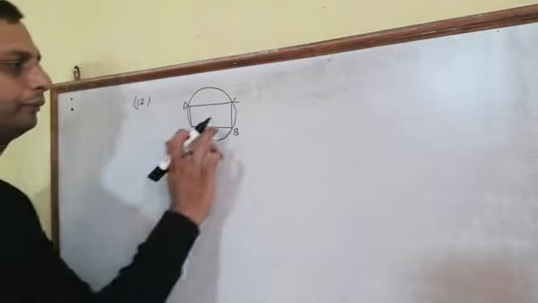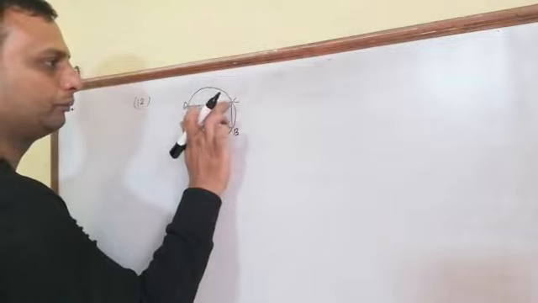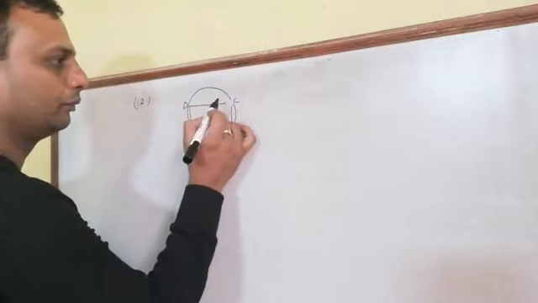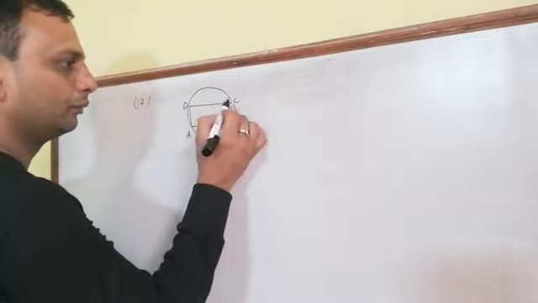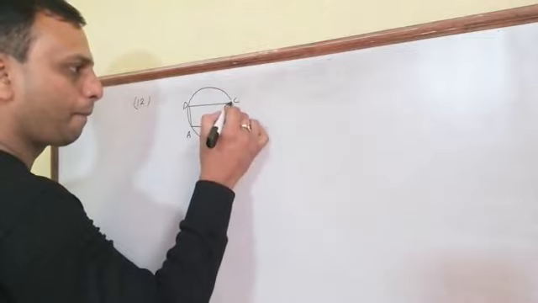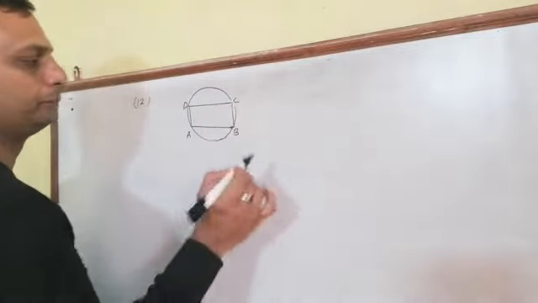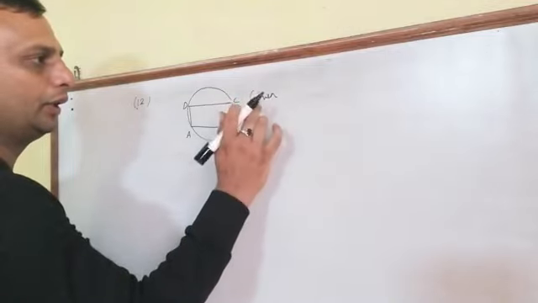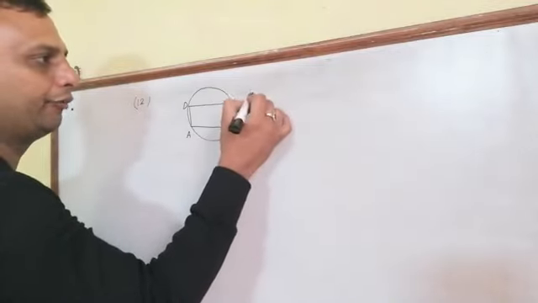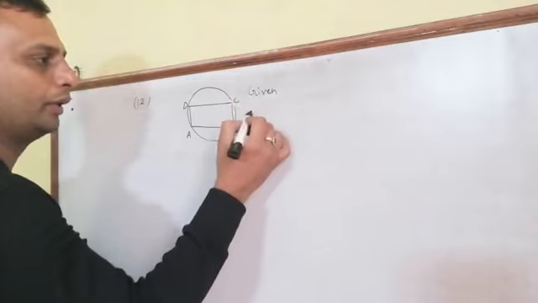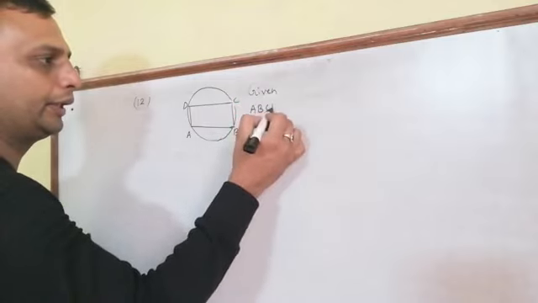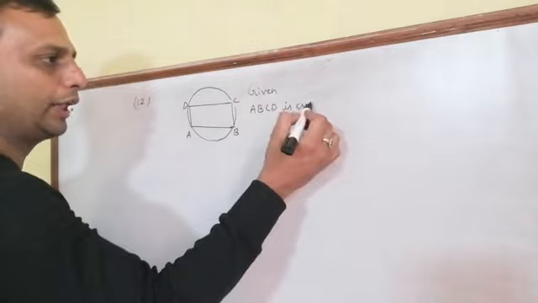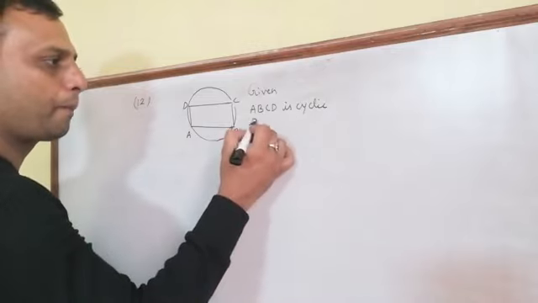This ABCD is a parallelogram. You can write here in the given part: given ABCD is a cyclic parallelogram.